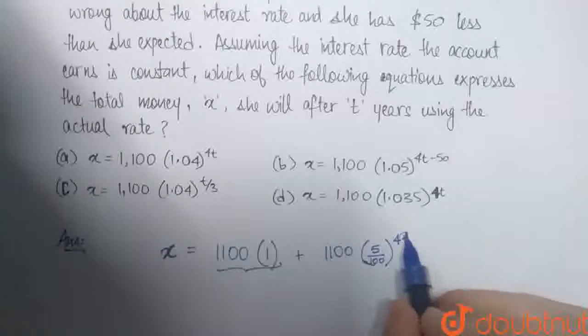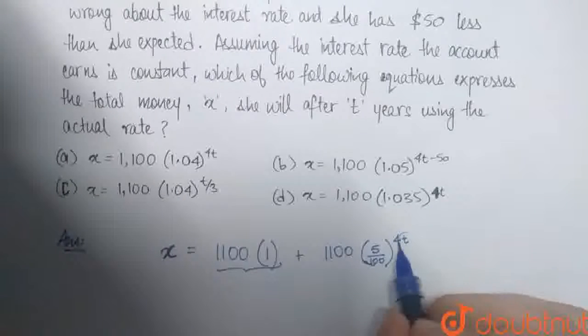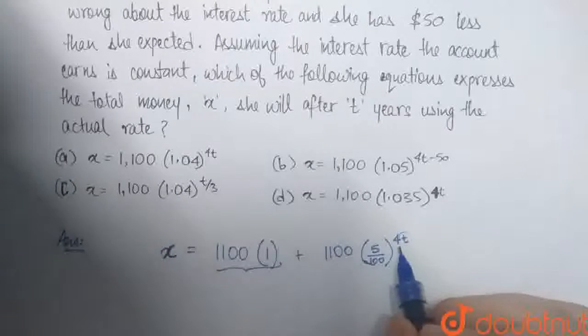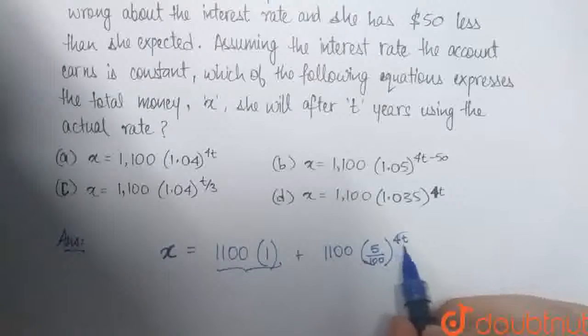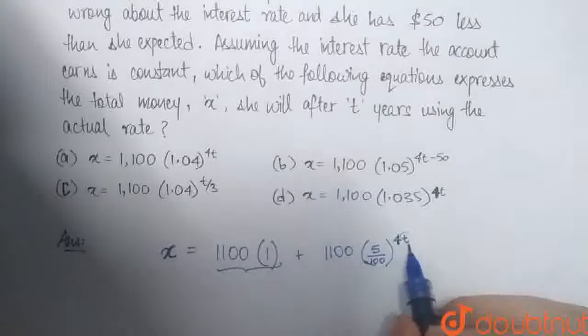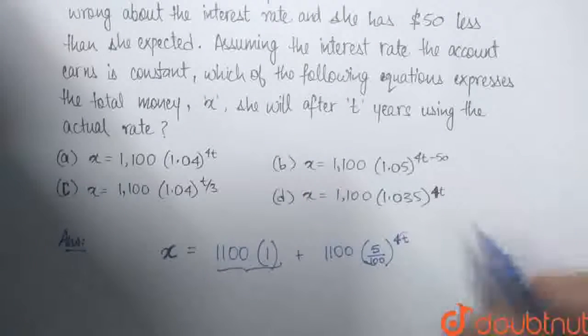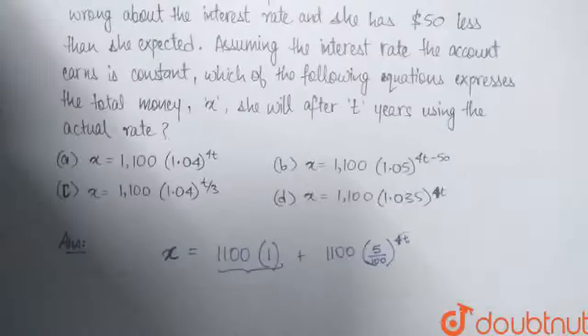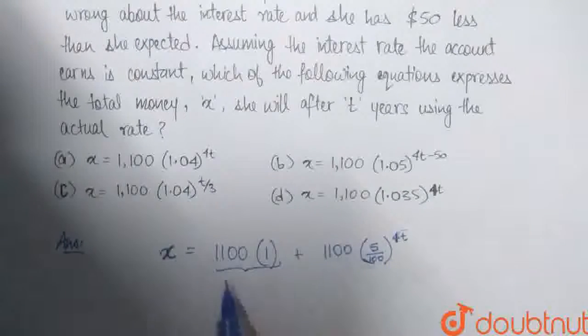So t is the number of years, and every year there are 4 sets of 3 months. Each 3 months she gets interest, so there are a total of 4 times t sets of 3 months in t years, right? So this becomes the equation.